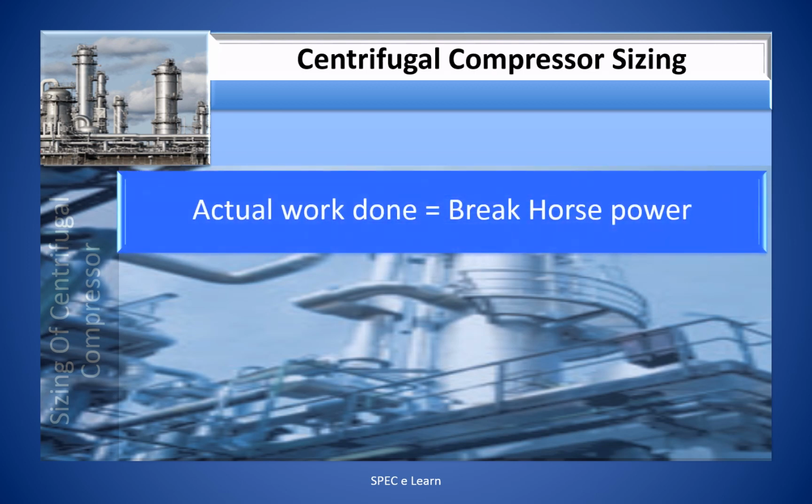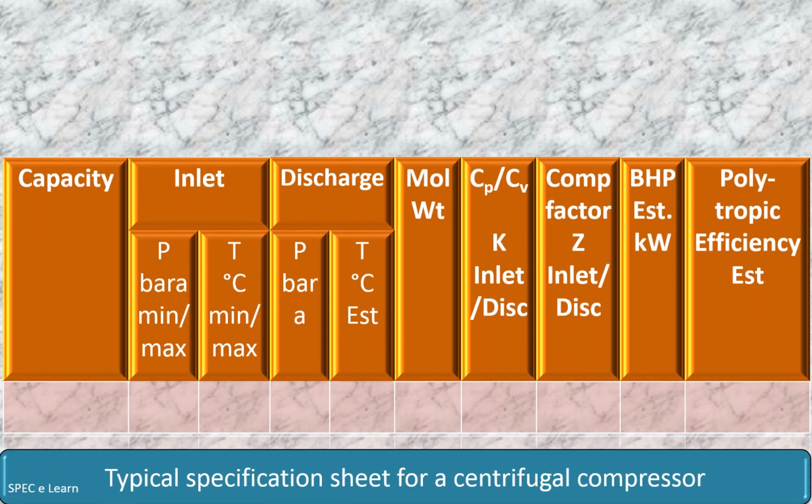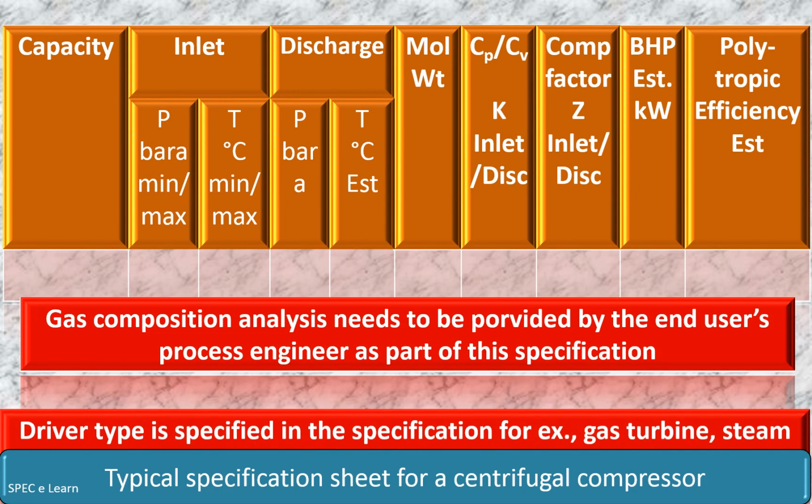Lastly, brake horsepower. Brake horsepower is estimated from the mass of the gas, polytropic head, and polytropic efficiency as per the formula given here. Now we have all the data to make the specification for the compressor.